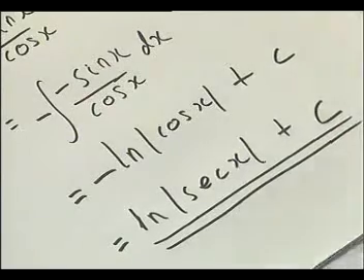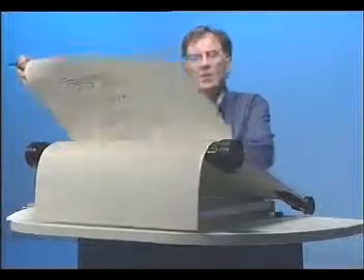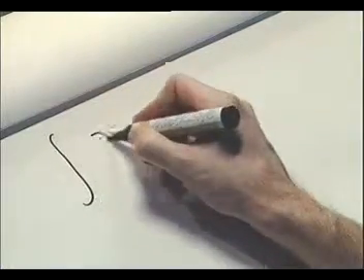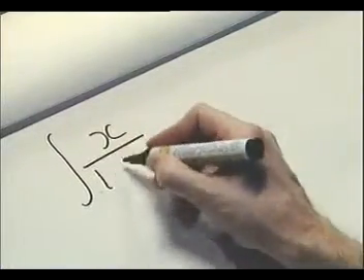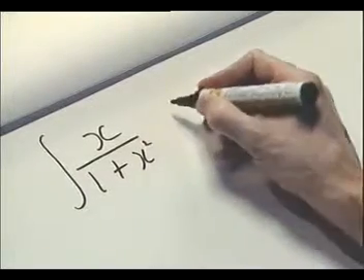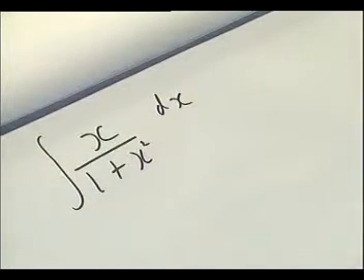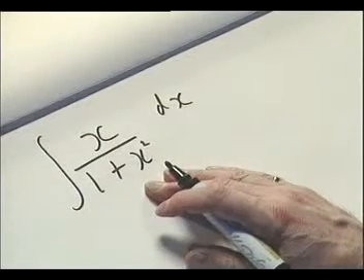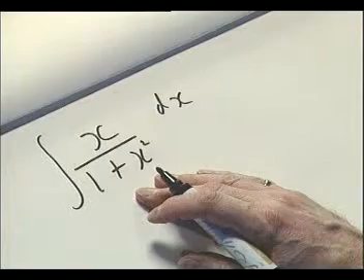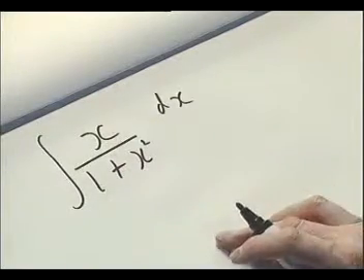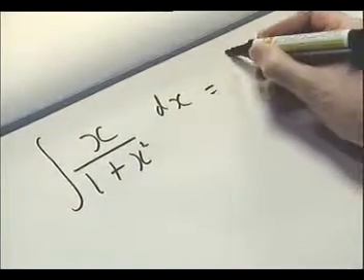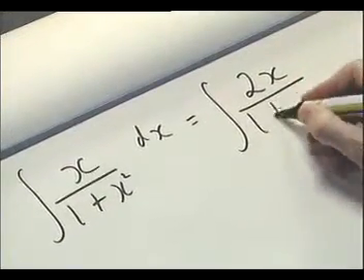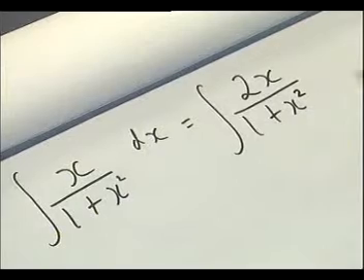Now, let's go on again and have a look at another example. Integral of x over 1 plus x squared dx. Look at the bottom and differentiate it. Its derivative is 2x. We've only got x on top, but that's no problem. Let's make it 2x on top by multiplying by 2.